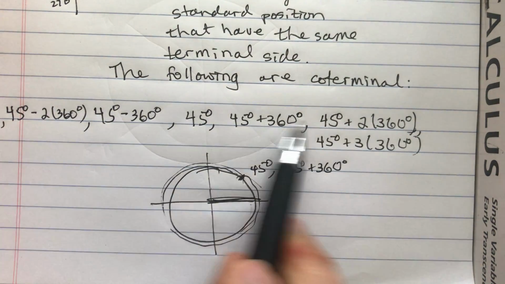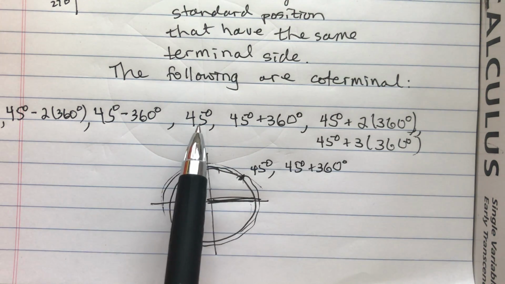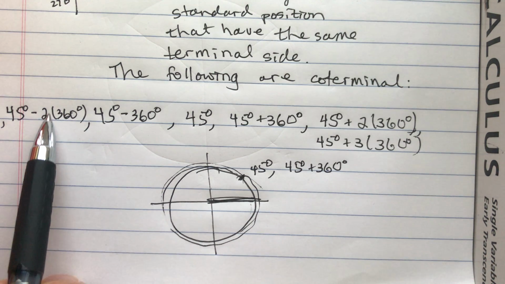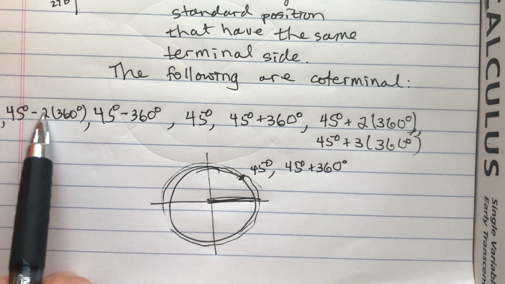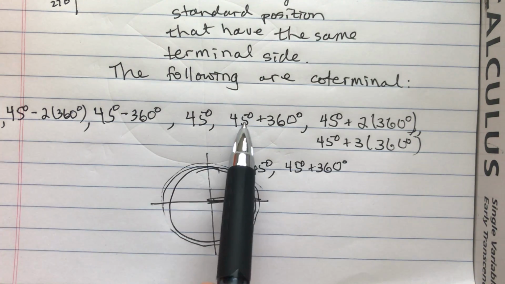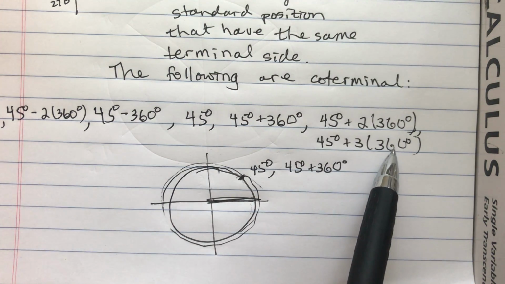All these coterminal angles are in the form of 45 degrees plus an integer, and an integer, remember, is a whole number with a plus or minus in front, times 360. So we have here 45 plus 3 times 360.